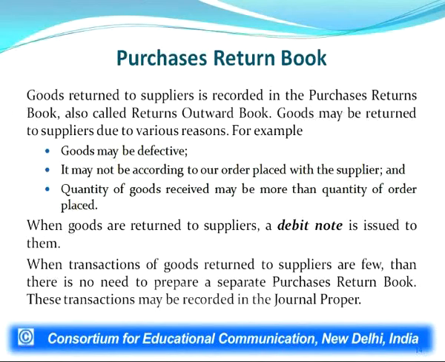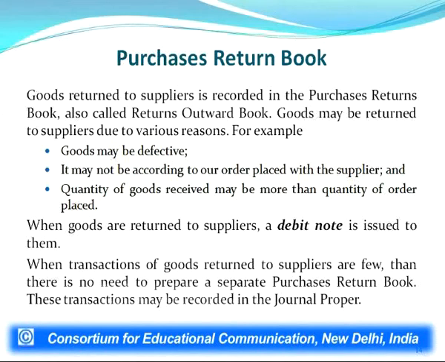So, these are a few reasons when the goods may be returned to suppliers. So, this is to be recorded in a separate book which is called the purchases returns book, or it is also called the returns outward book. Why do we call it returns outward? Because goods are going out from the business. So, these goods are to be recorded separately.